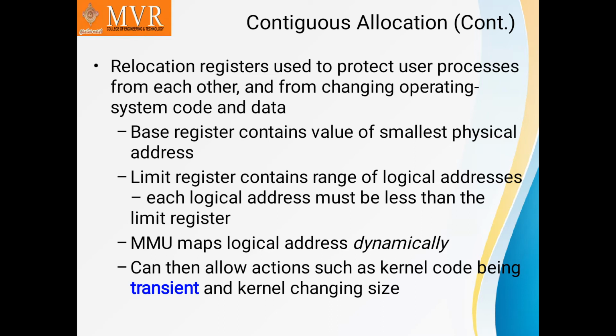The base register contains the value of the smallest physical address, and the limit register contains the range of the logical addresses, and each logical address must be less than the limit register. The memory management unit maps logical addresses dynamically, and can then allow actions such as kernel code being transient and the kernel changing size.